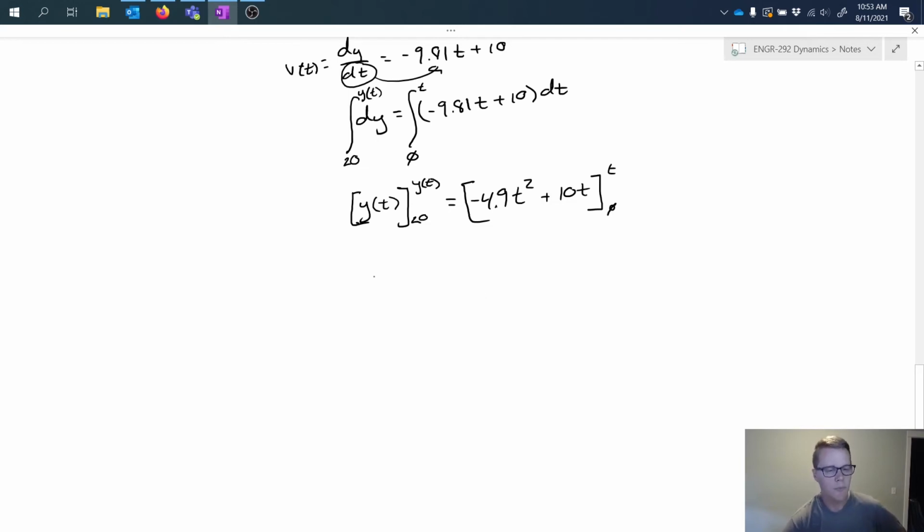Carrying this through, we get y of t minus 20 equals negative 4.9 t squared plus 10t. And finally, y of t equals negative 4.9 t squared plus 10t plus 20.